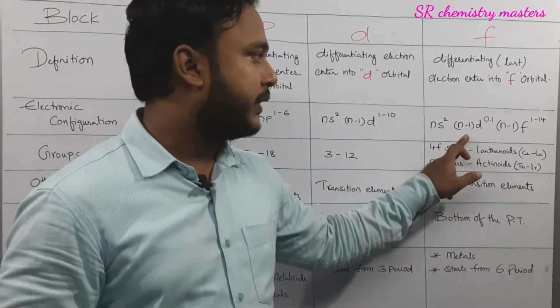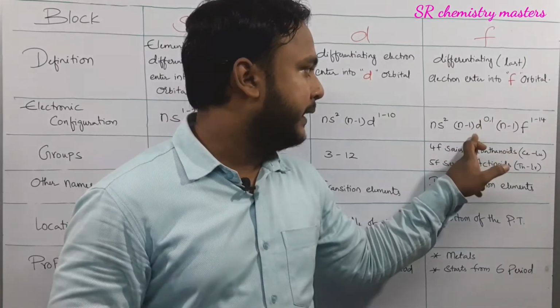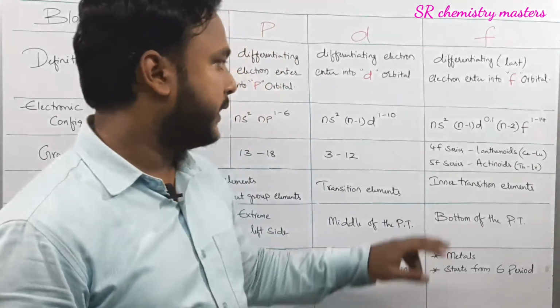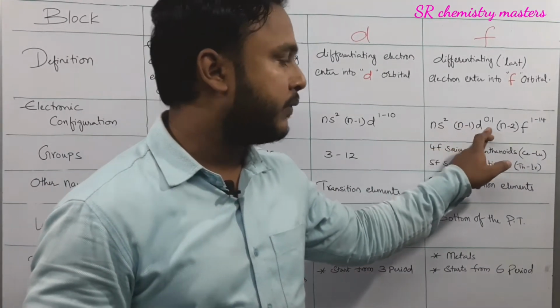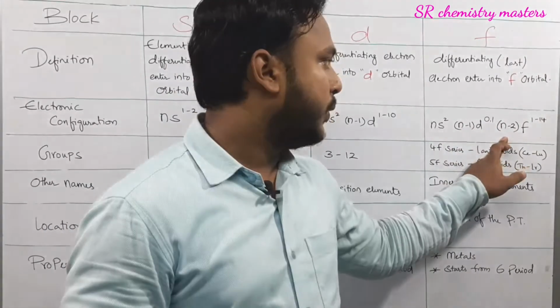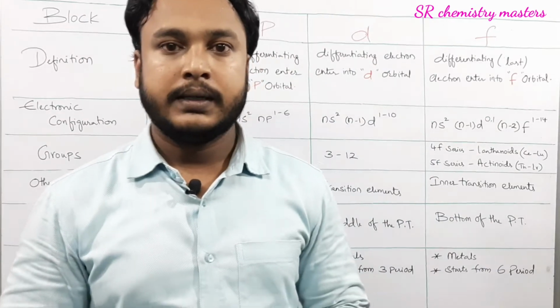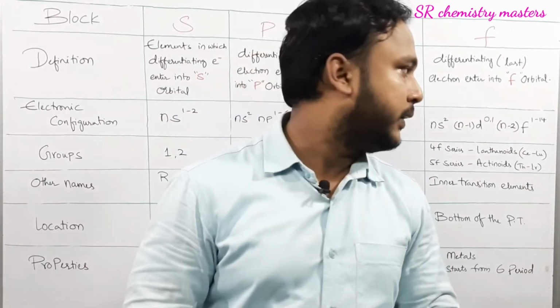Some of the elements of the f block have a d0 or d1 electronic configuration. So the electronic configuration for F block elements is ns2 (n-1)d0 or 1 (n-2)f1 to 14. Here remember, after entering into the 6s orbital, the electrons enter into the 4f orbital.